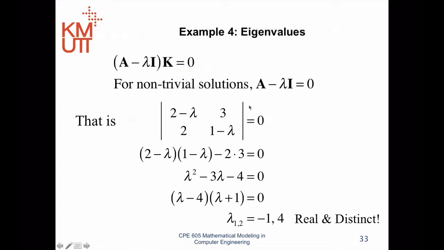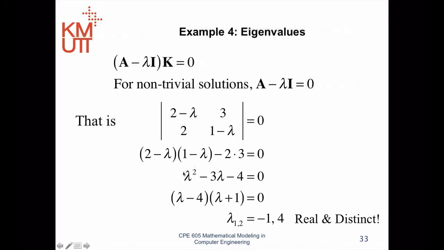For that, the determinant of A minus lambda I has to equal 0. The determinant of this is the multiplication between (2 minus lambda) and (1 minus lambda), minus the product of minus 2 times 3.